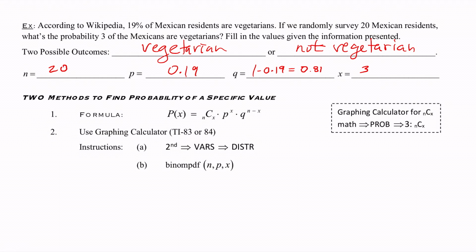One form of the formula for this particular distribution looks like this, where we've got this formula for N choose X, which essentially tells us all the different ways that we could choose X objects from N. So it's a counting method. And then P to the power of X times Q to the power of N minus X.